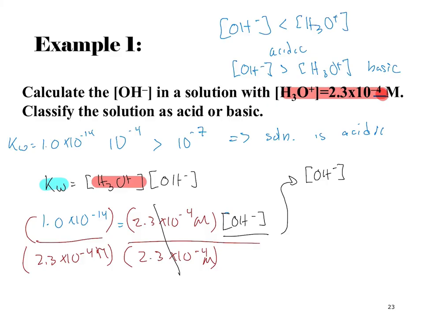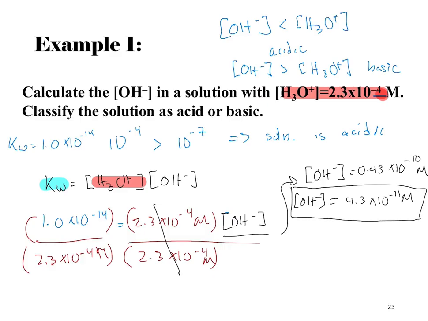Just trying to get me connected to Wi-Fi again. 1 divided by 2.3 is equal to 0.43 times 10 to the minus 10 molar, right? Because we know we're dealing with the concentration. That's how we know the units have to be molarity, which is just 4.3 times 10 to the minus 11 molarity, simplifying it a little bit.